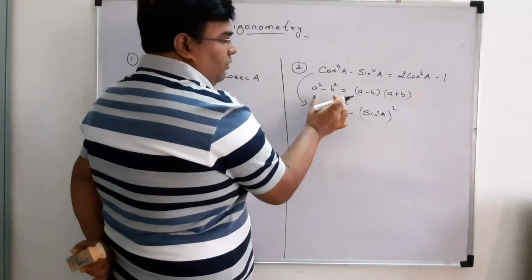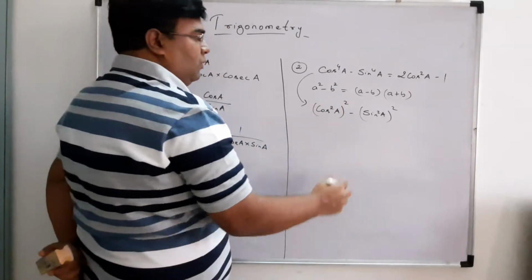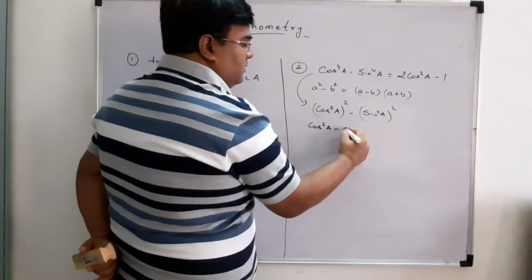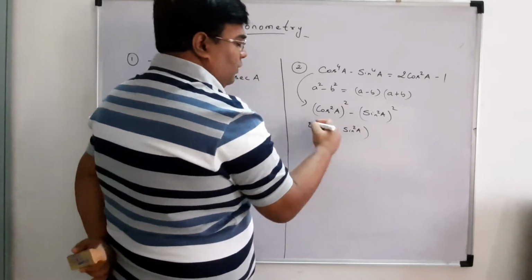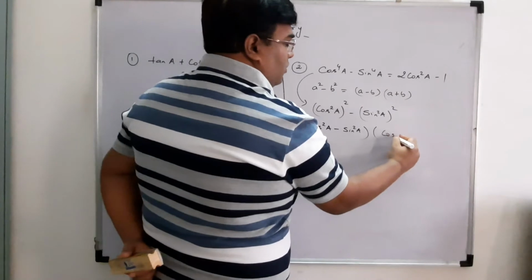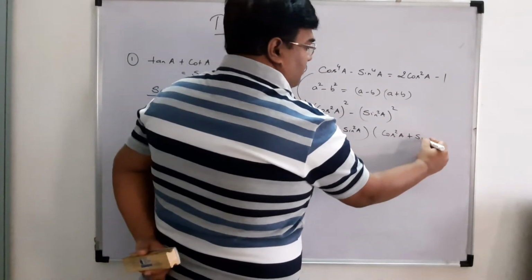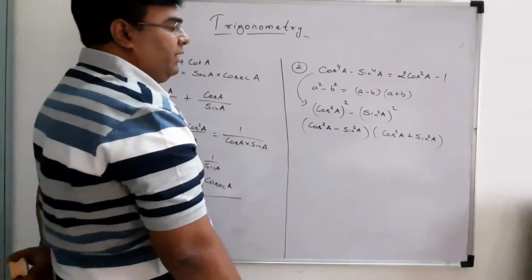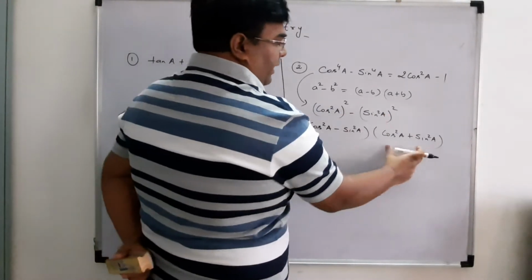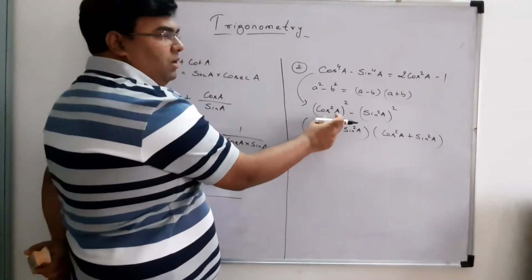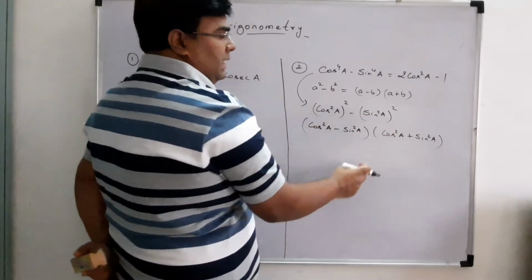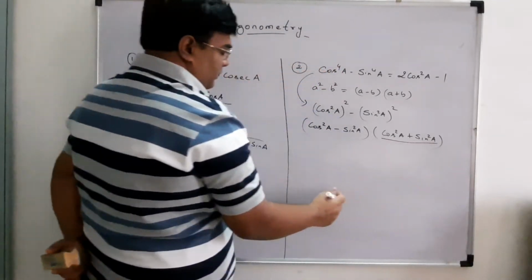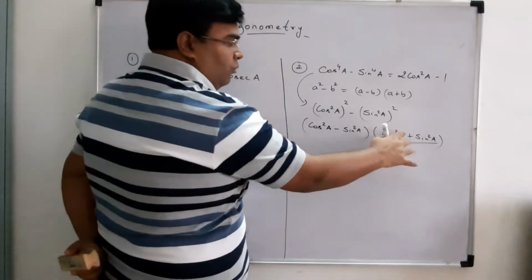Now this is in the form of A square minus B square. We can write cos square A minus sin square A, and cos square A plus sin square A. I have written A minus B and A plus B. Our A is cos square A, and B is sin square A. So this cos square A plus sin square A, as we have seen, will become 1.